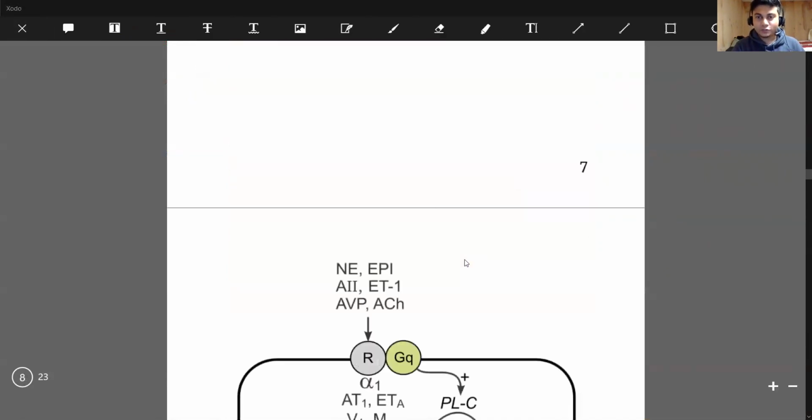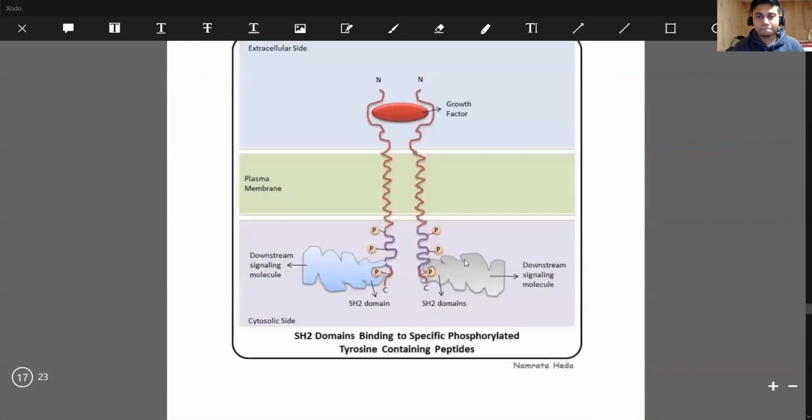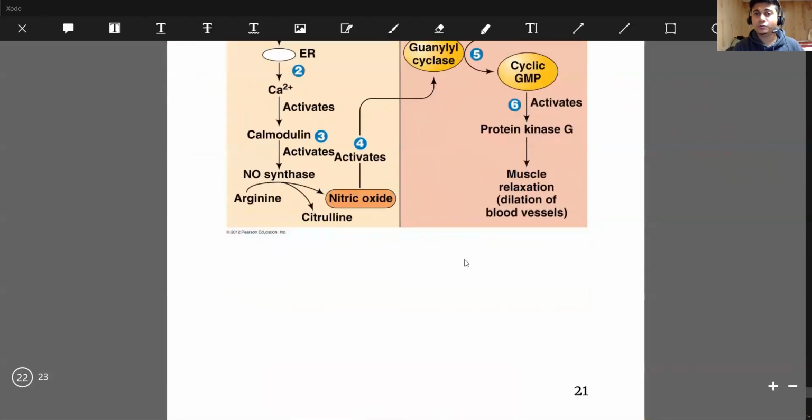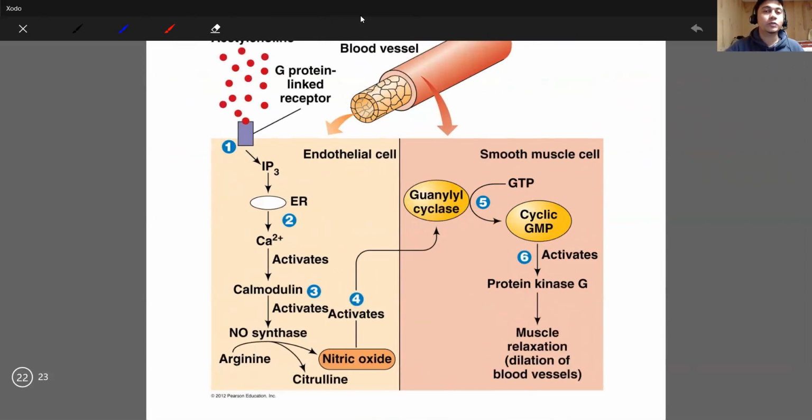All right. Next question was how the nitric oxide works. Is it through any GQ coupled receptor or not? No, nitric oxide directly works on the guanylyl cyclase. But how we get nitric oxide, that is through the GQ coupled action of acetylcholine.